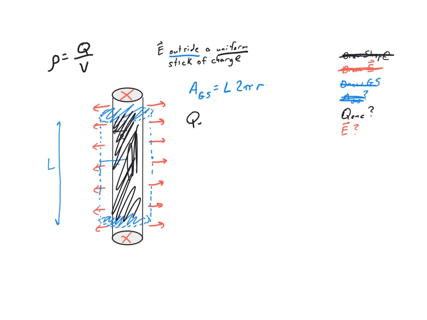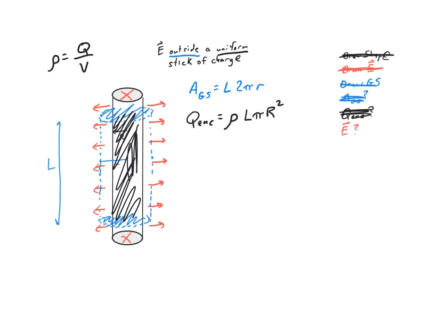So Q enclosed will be equal to the charge density multiplied by the volume of the charge there. The volume of a cylinder is length multiplied by pi capital R squared. In the same way as the area of the Gaussian surface was L multiplied by the circumference, the volume is L multiplied by the area.